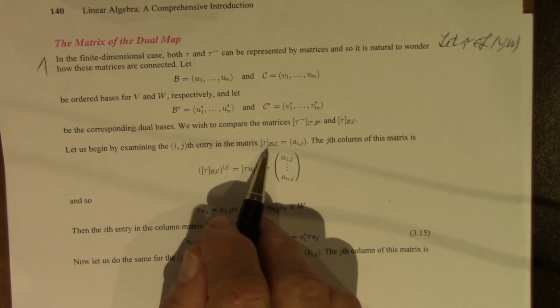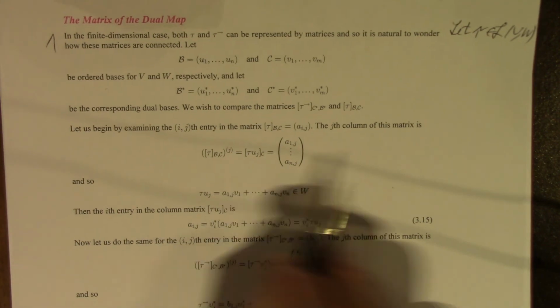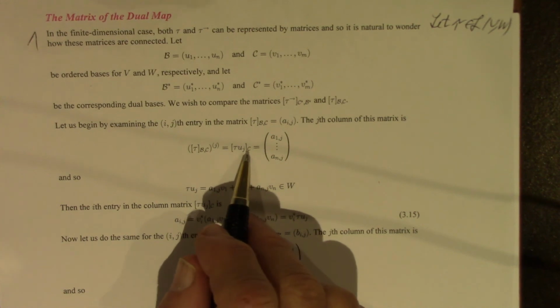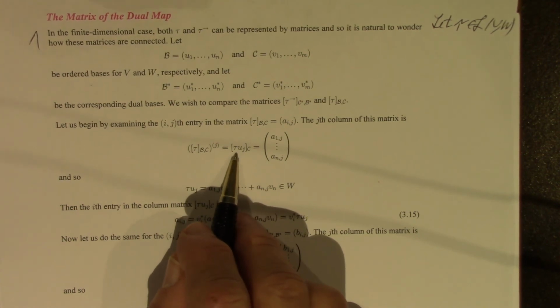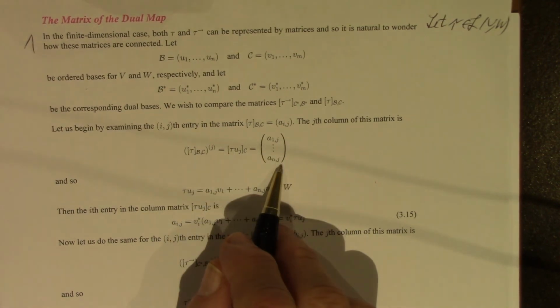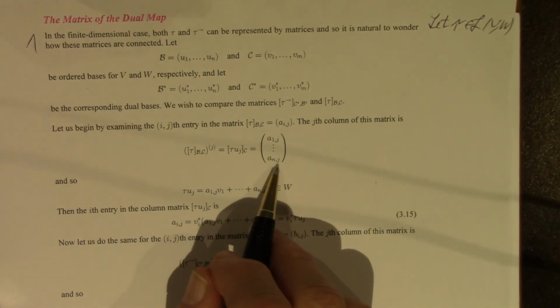Now, the jth column of this matrix, as we know, is the C-coordinate matrix of the image of the jth basis vector. Let's say it looks like this. This is the jth column.